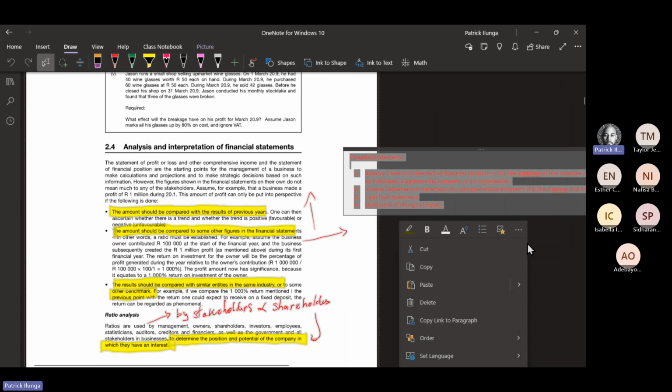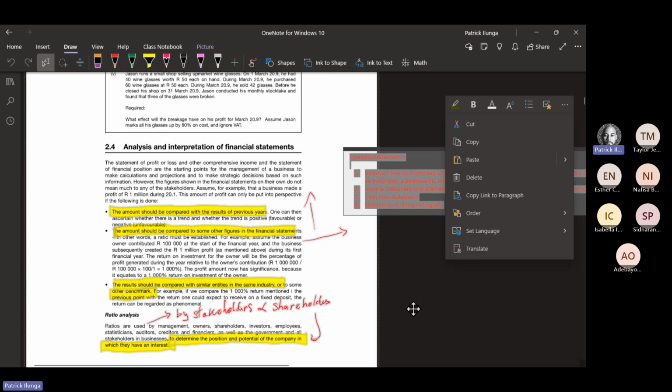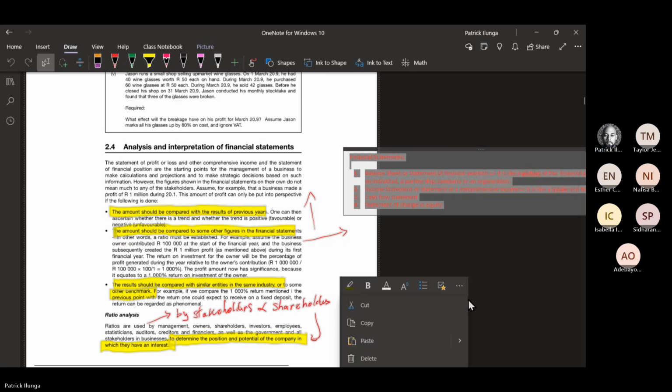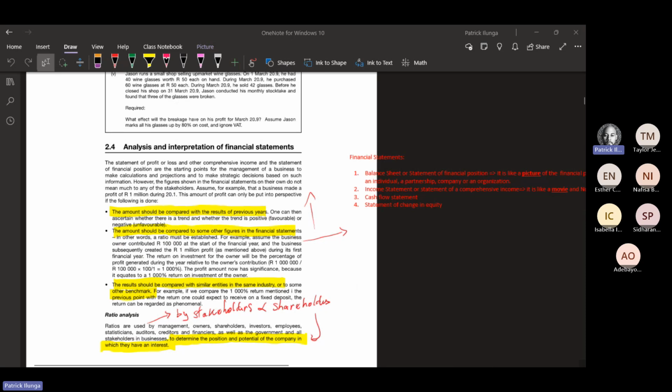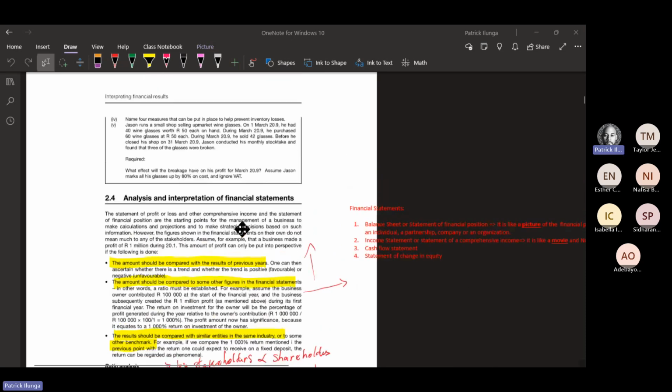All right, okay, so the analysis and interpretation. Everything's fine. Right, so analysis and interpretation of financial statements.